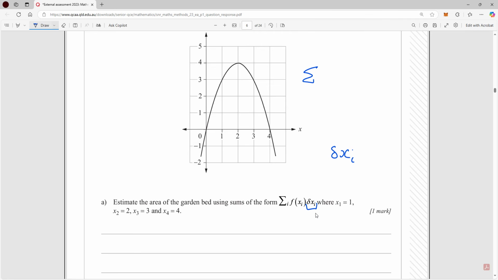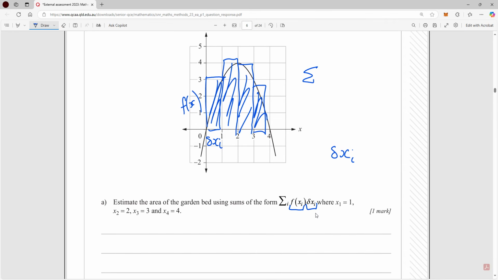So what we're actually doing is taking the y value multiplied by the width. We're going that rectangle, that, and that, and something like that, where that would be your f of x, and that there would be your little change in x.